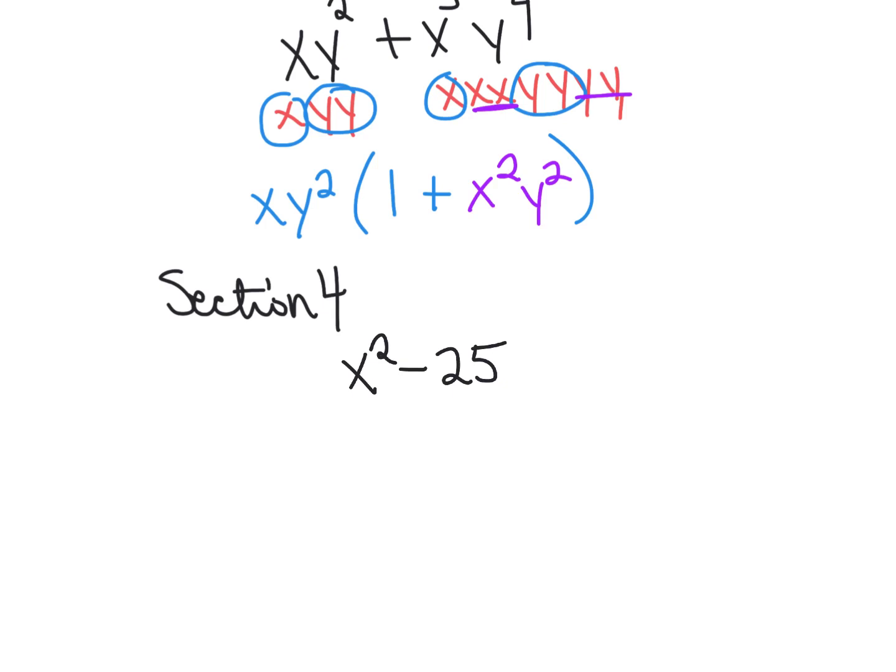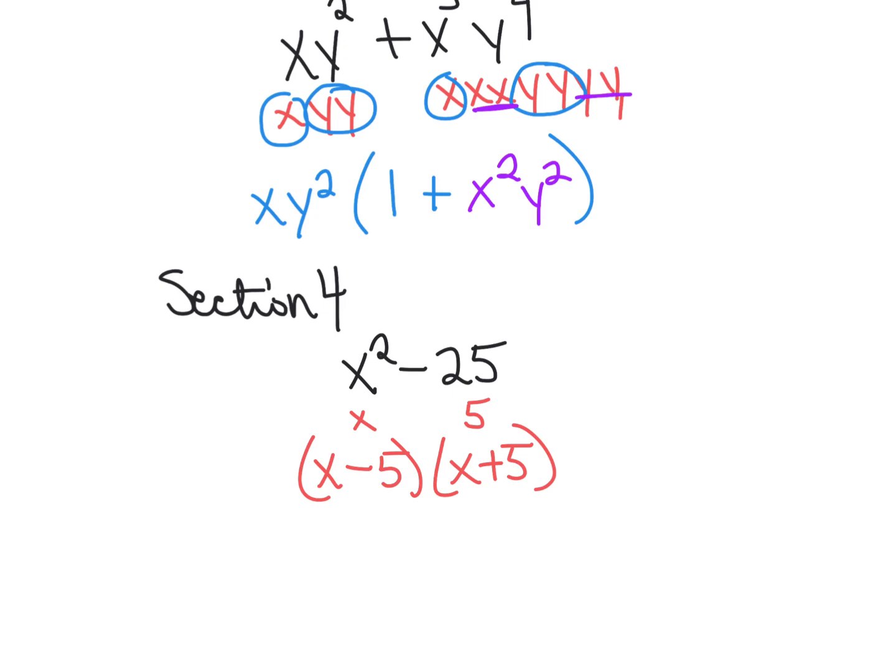So if you think about that, x squared has a square root, and 25 has a square root, right? So the square root of x squared is x, and the square root of 25 is 5. So what I'm going to say is x minus 5 and x plus 5. And that's all there is to factoring differences of squares.